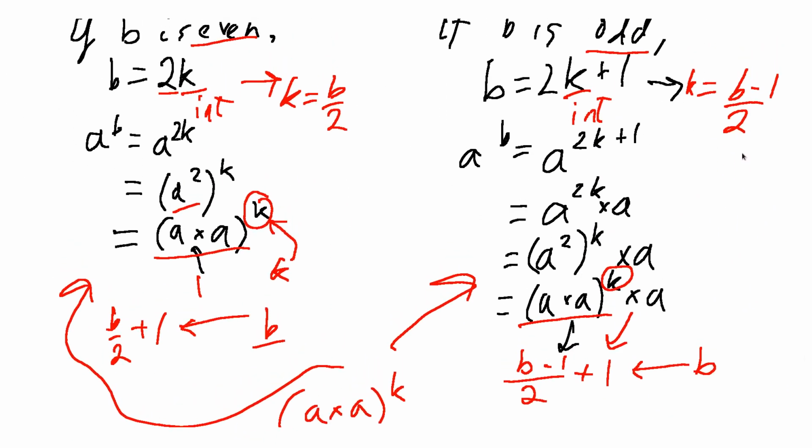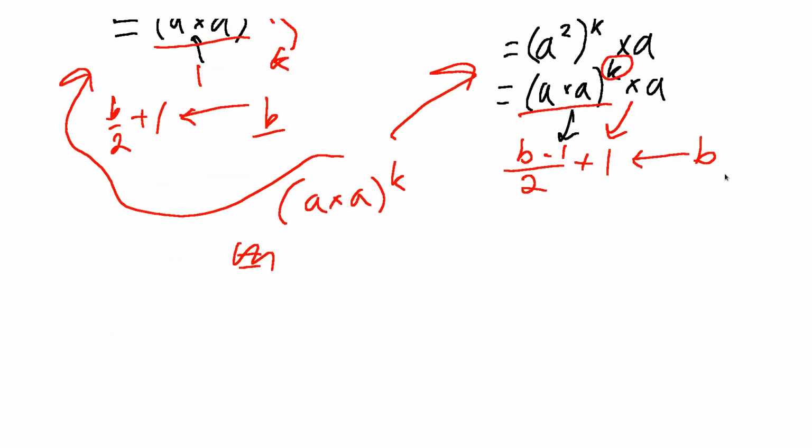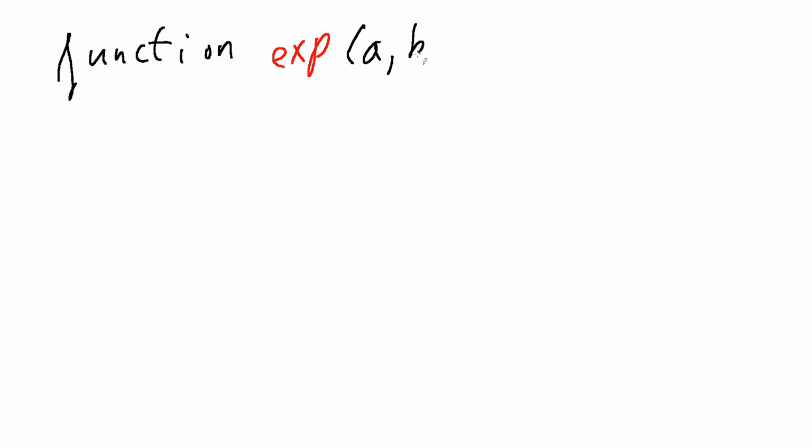And let's try to implement it as pseudocode. So first of all, let's just say we have a function exp, exponentiate, over a and b.